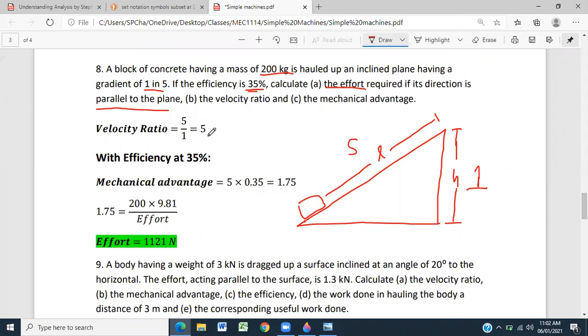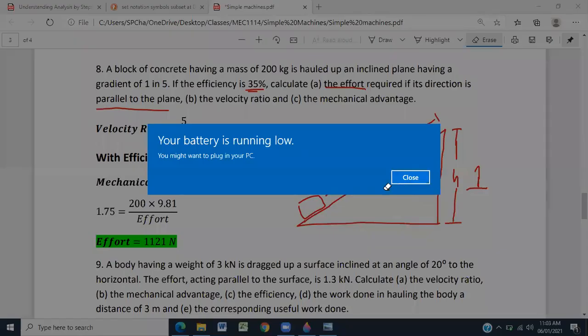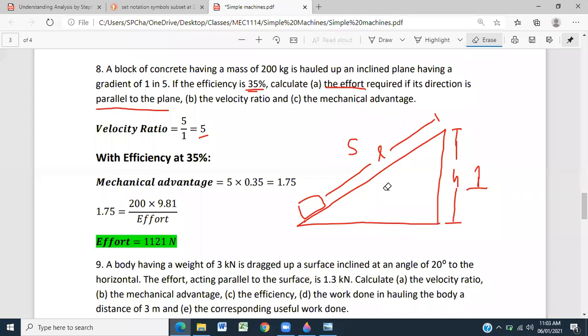Now, if efficiency is 35%, and I know 35% is a bit low for efficiency, a lot of friction is going on here, so that's why the system is a bit inefficient. Calculate the effort required if its direction is parallel to the plane. Parallel to the plane just means all the effort is being used to pull this thing up. None is being wasted, because that would affect the efficiency also.